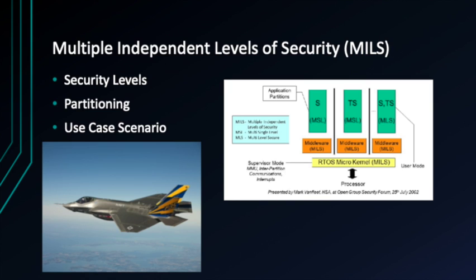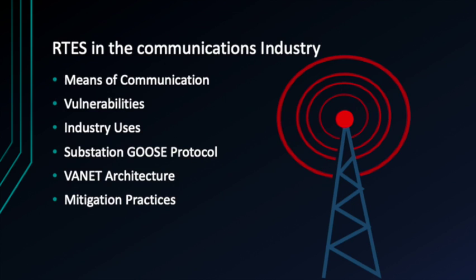The Generation 5 F-35 has a suite of avionics and communications platforms that collect various classification levels of data. In order to share less sensitive data with members in the battle space, a partition must be created so that more sensitive data cannot leak out.